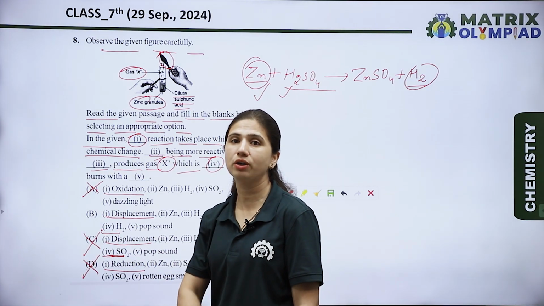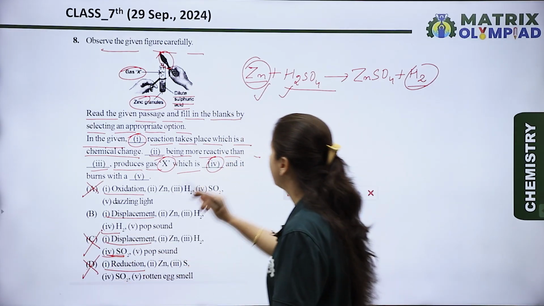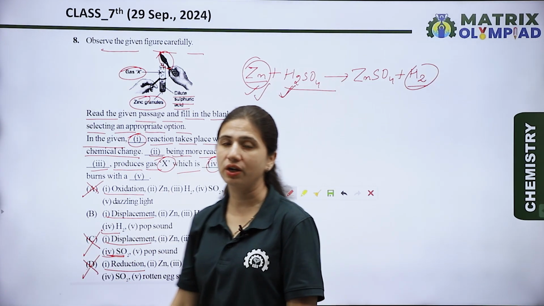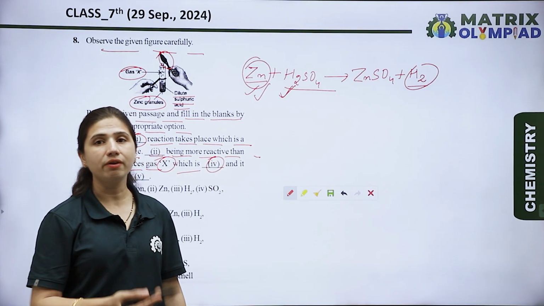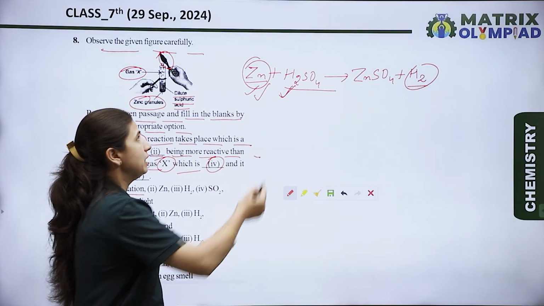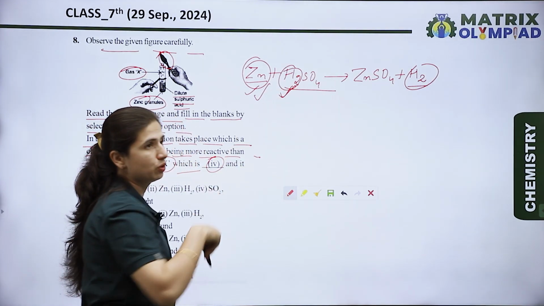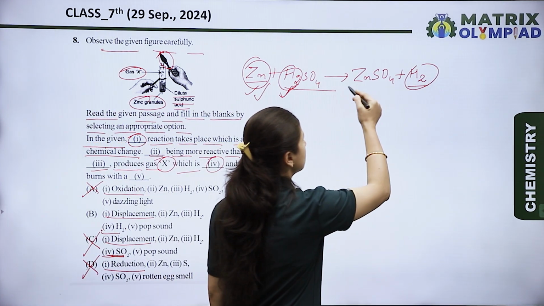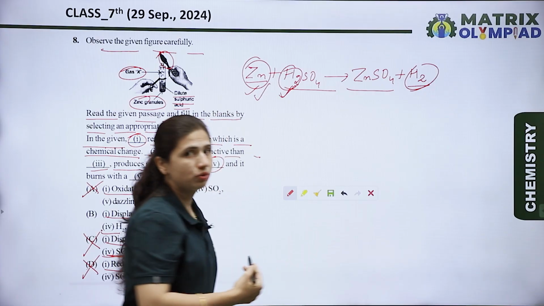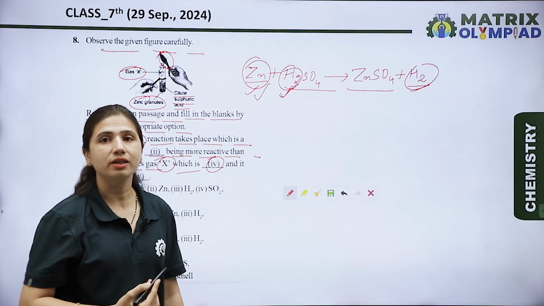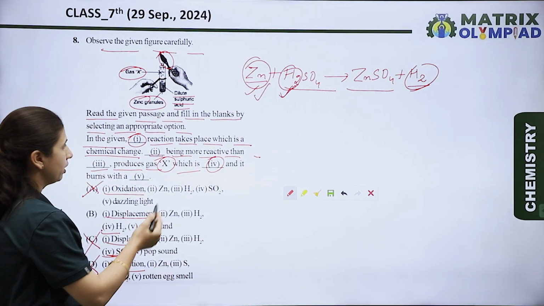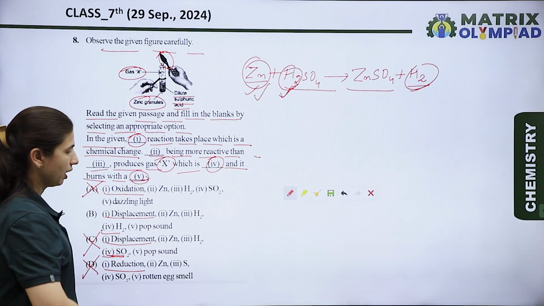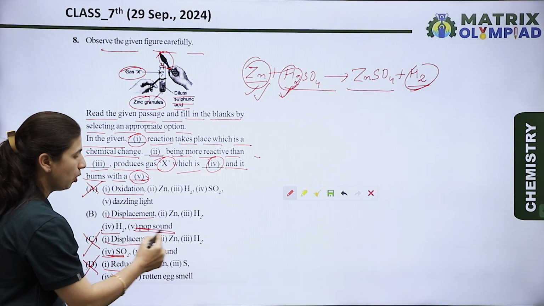Yes, it is the right point, because when zinc reacts with H2SO4, it is a displacement reaction, and because of the high reactivity of zinc, it easily replaces the hydrogen, which is less reactive than zinc, and it releases H2 gas, hydrogen gas, and forms a salt, that is ZnSO4. Now the last blank is, and it burns with fifth, and it burns with a pop sound.